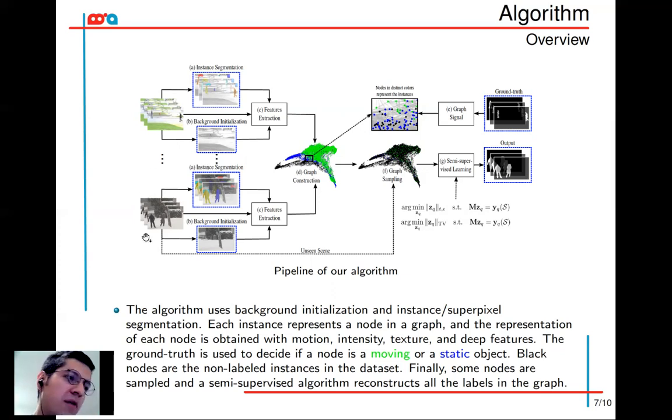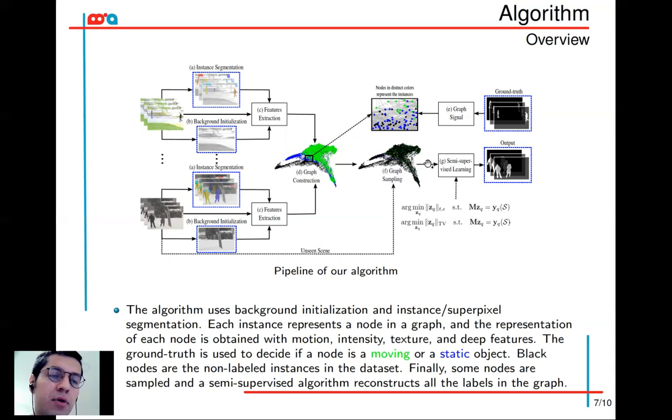Now we are going to have several videos. We are going to construct the graph with those videos, and we are going to do graph sampling. In this case, the graph sampling is that we choose some nodes that don't belong to the scene that we want to segment.